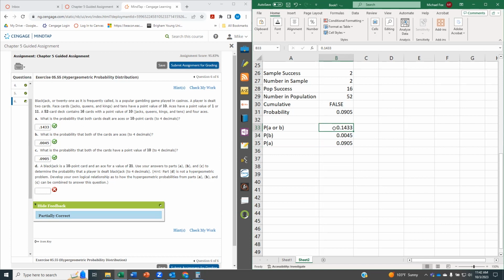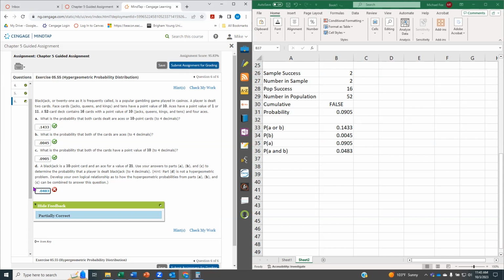If we just subtract out those situations where we get both aces and those situations where we get both 10-point cards, what we're left with is the probability that we get an A and a B, or one 10-point and one face card. So what we're going to do is say probability of A or B minus the probability of B minus the probability of A gives us the probability of getting an A and a B, which is 0.0483.